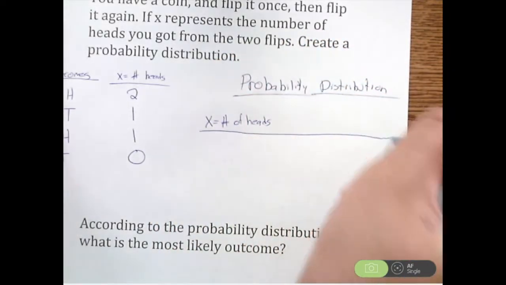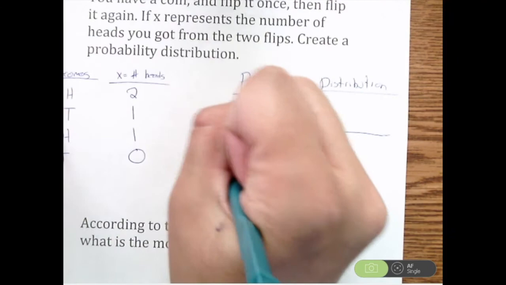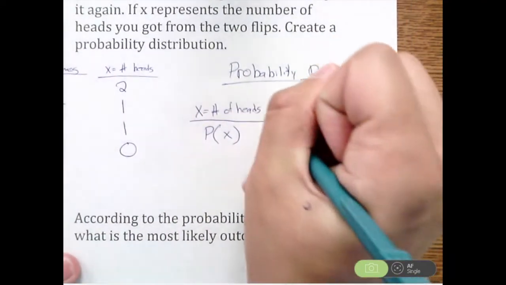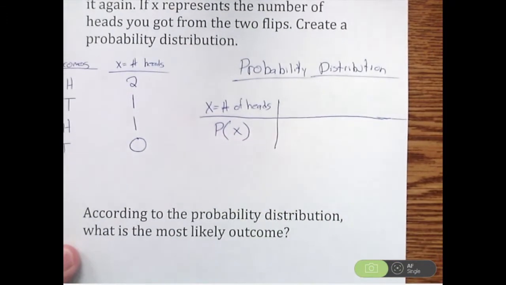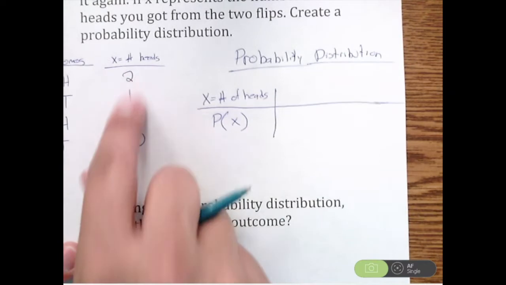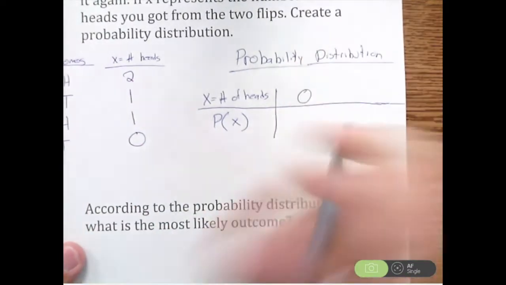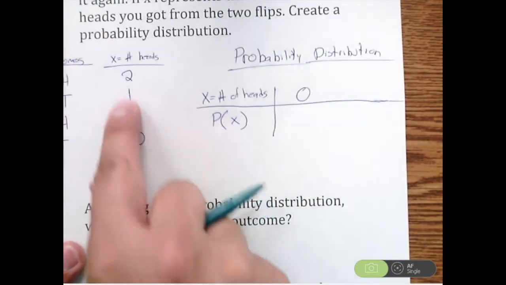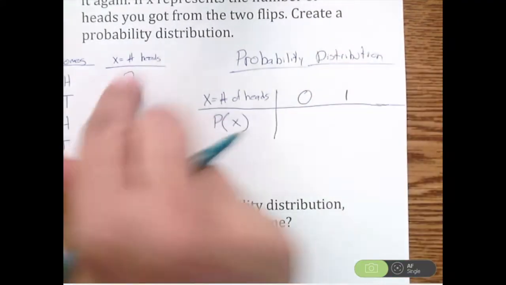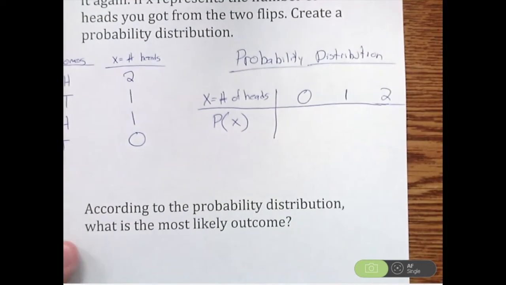And then I'm going to have the probability of X, the probability of getting each of those X values. So I'm going to list out my X, which is the number of heads, from least to greatest. So I can have 0 heads. I have 1 listed twice, but I'm only going to write it once here. 0, 1, or 2 are the 3 different numbers of heads that we can come out with.